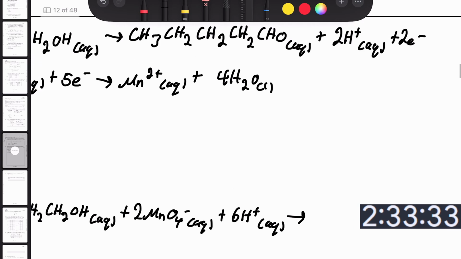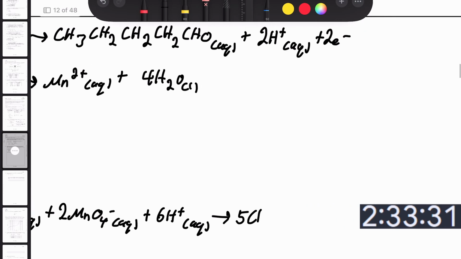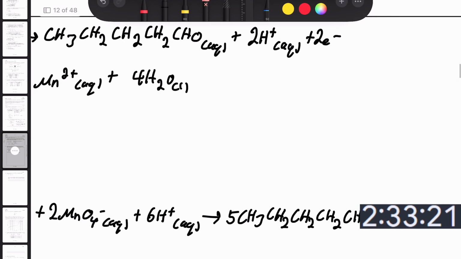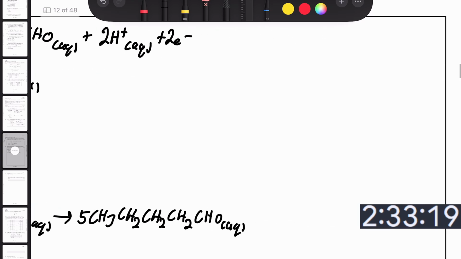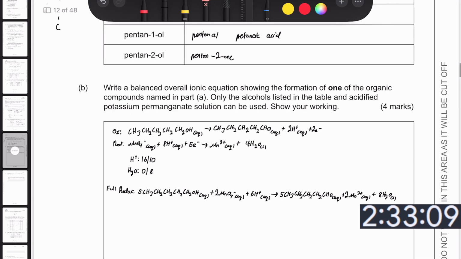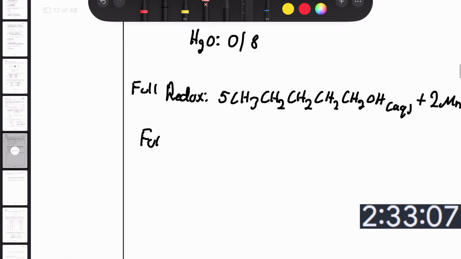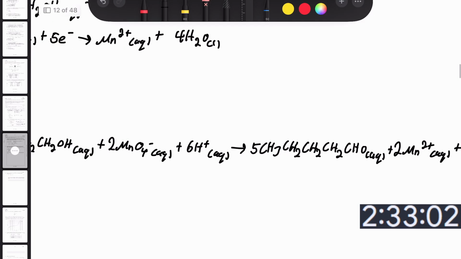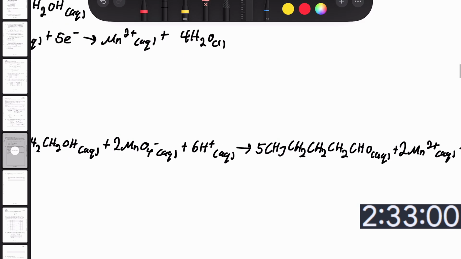It's going to form 5 CH3CH2CH2CH2CHO plus 2 aqueous, plus 2 Mn2 plus aqueous, plus 8H2O liquid. So then full ionic. The only ions I can see are the Mn2 plus.